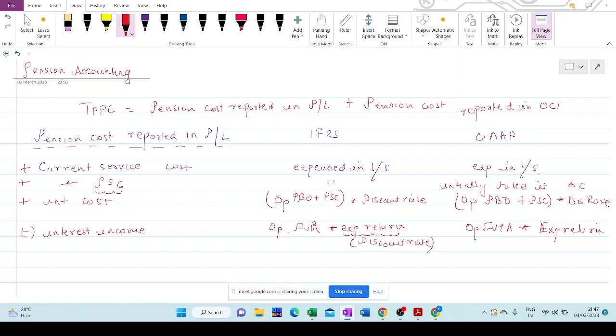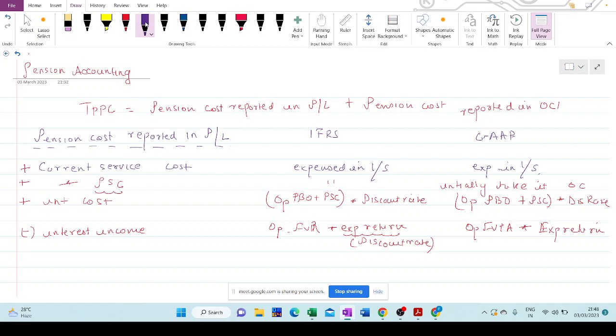Now, under both IFRS and GAAP, we are deducting the expected return from our interest cost and not the actual return. Why so, guys? Please tell me. We are deducting the expected return, not the actual return. If actual return on plan assets passes through the income statement, then the interest income would fluctuate with the stock and the bond market. That is, interest income would become very volatile, and naturally the reported pension expense in P&L would be very volatile.